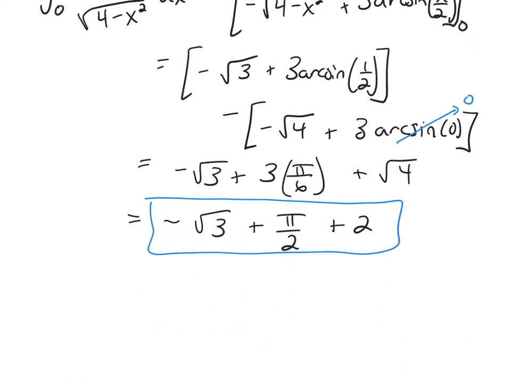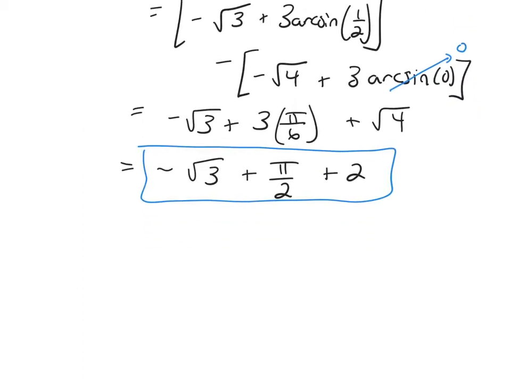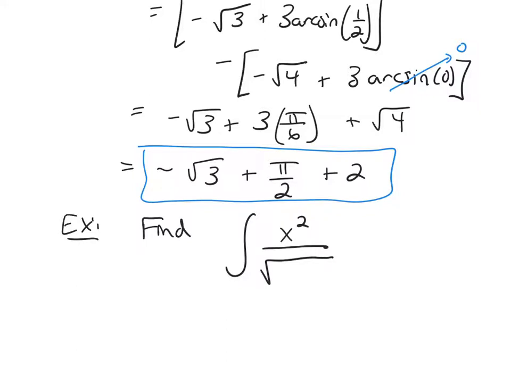All right, for the next example, let's find the integral of x squared over the square root of 16 minus x to the 6th dx. Looking at this integral, in the denominator you have a composition of functions, an inside and an outside.